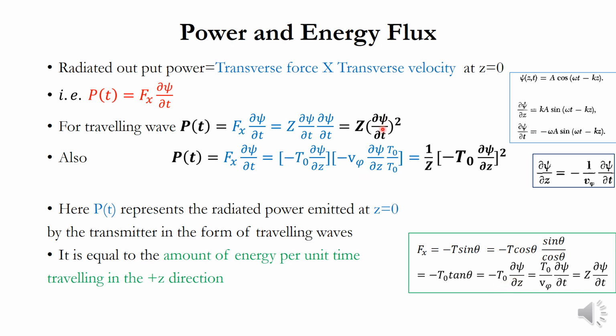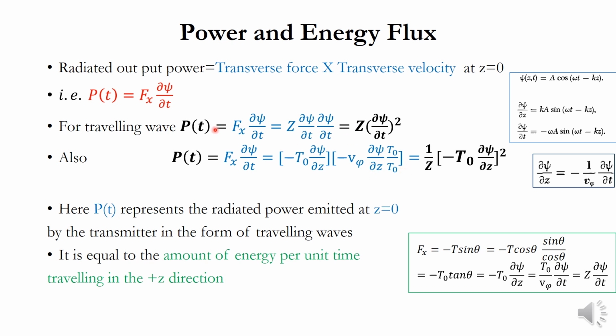And this dou psi by dou t is replaced by minus v into dou psi by dou z. From this equation, the minus v is taken to the left side, so that this becomes minus v into dou psi by dou z. That is why these equations are like this.